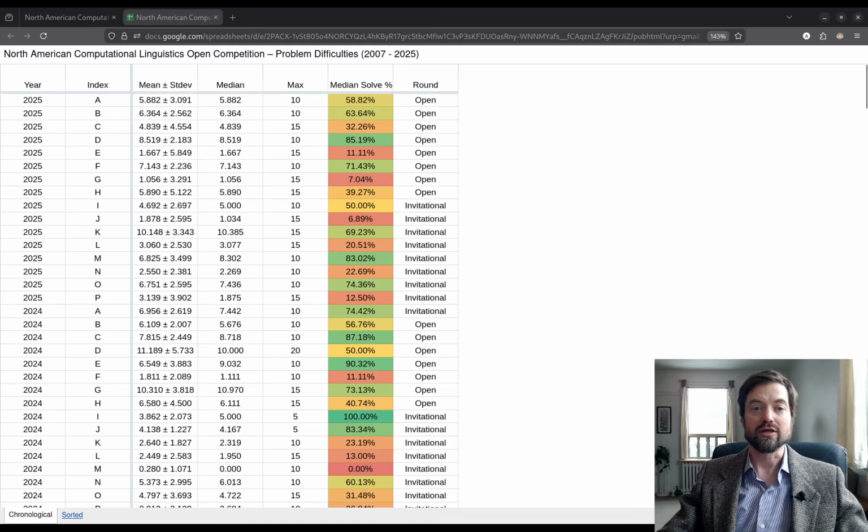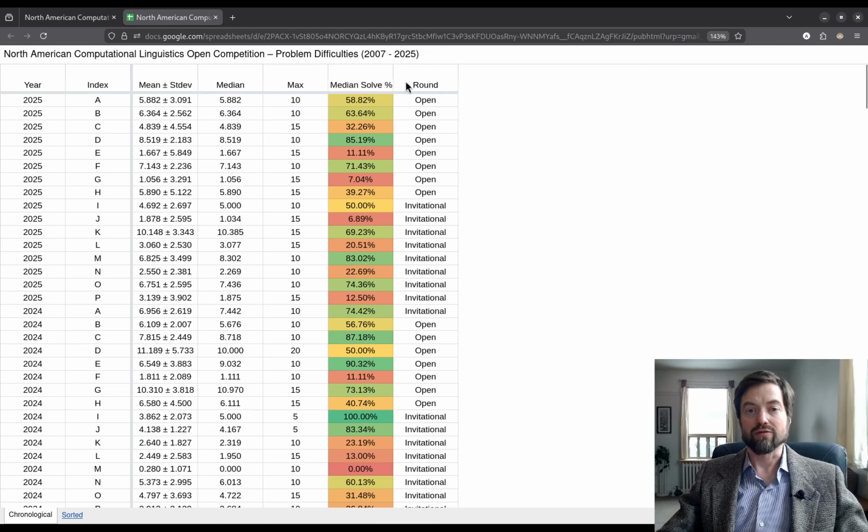And here we can see that they're really open with their data, which is great, and you can see there is a huge range of solve rates. Now, the first thing to notice is that NACLO is divided into the open and invitational rounds.